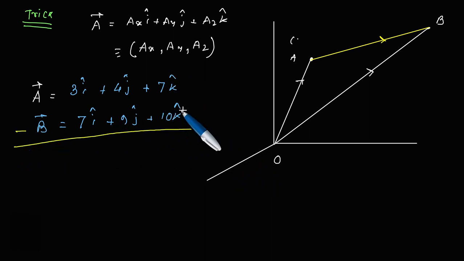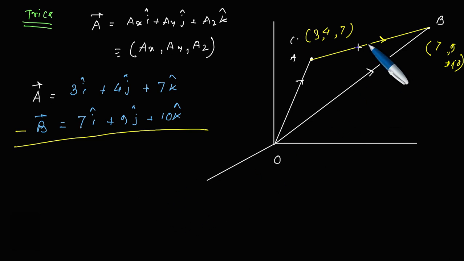This is a method, isn't it? I'm going to tell you that you do not have to do such rigorous work. You have 3, then 4, 7. These points. And these points 7, 9, and 10.